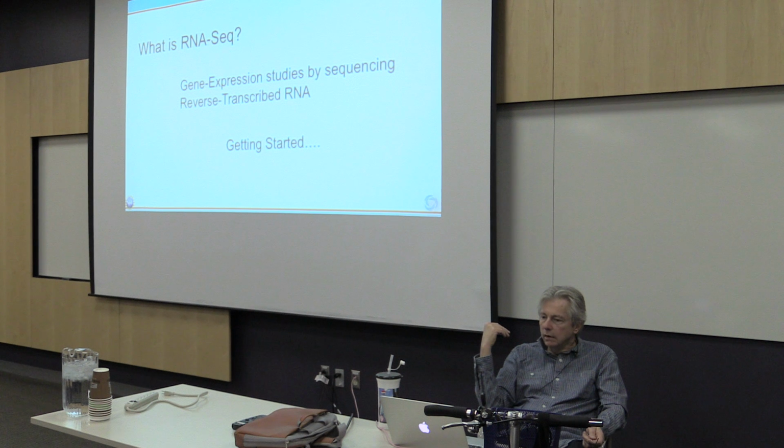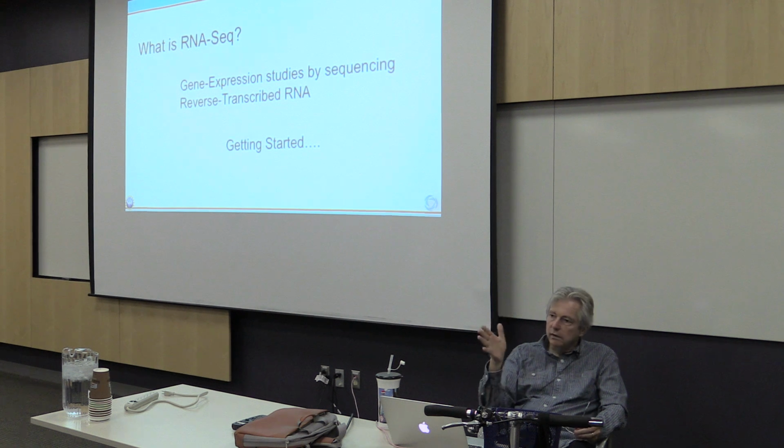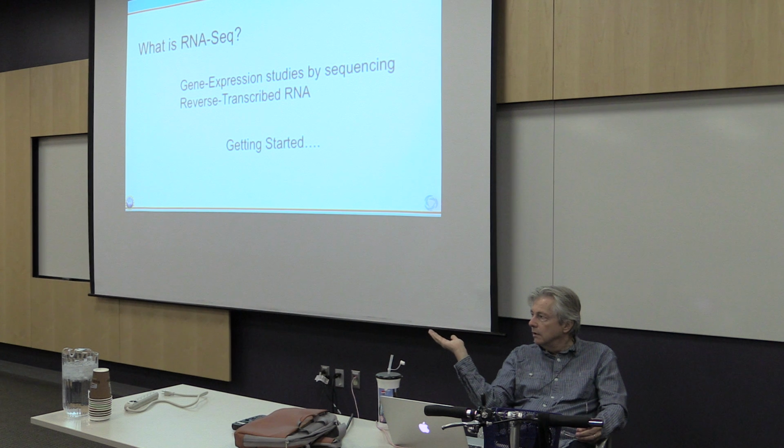And the other aspect is, you don't want to forget that when you're looking at the RNA, we're looking at what is transcribed, but we are not looking at what's translated, even though we often interpret these things that way, because what's translated is not always exactly what is being transcribed.